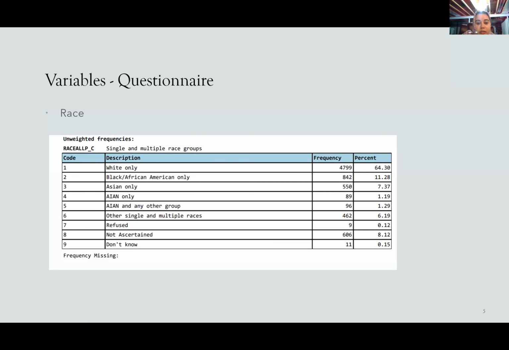Then AIAN or another racial group, and then other, so any other single or multi-race. And because it's a survey, there are options to refuse the question, or if the data is not ascertained or don't know. From these descriptors, the data was recoded numerically.